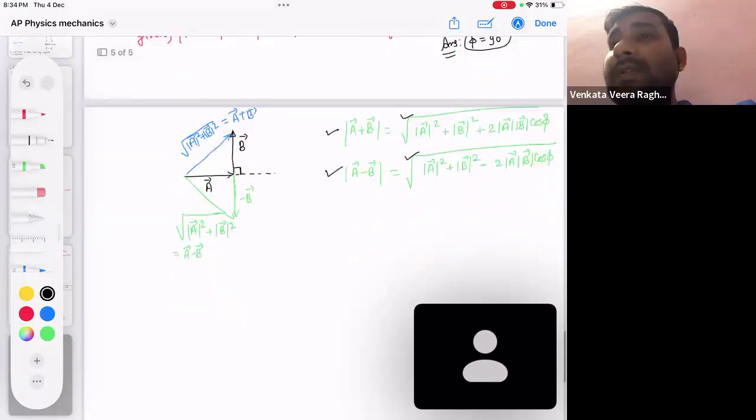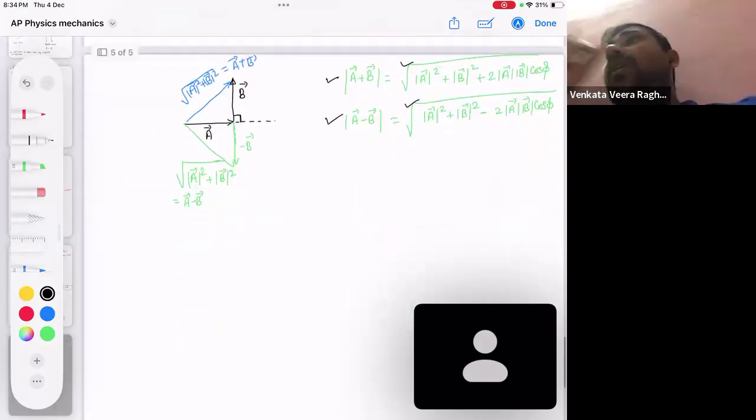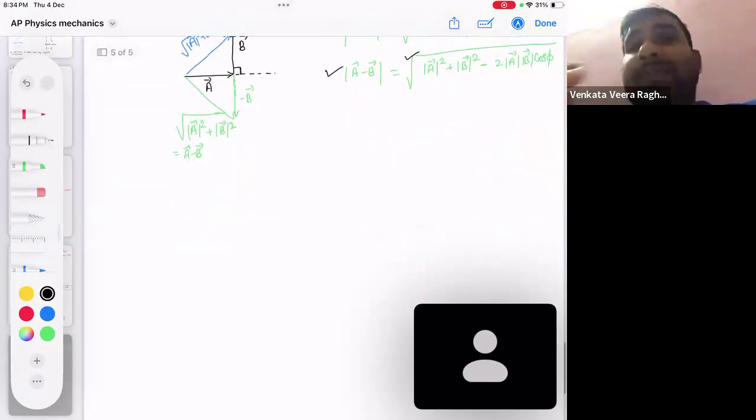So this is about the addition and subtraction of vectors. Now, the important thing we are going to discuss is called the unit vector, and how to represent a vector in the form of unit vectors. Is that clear?